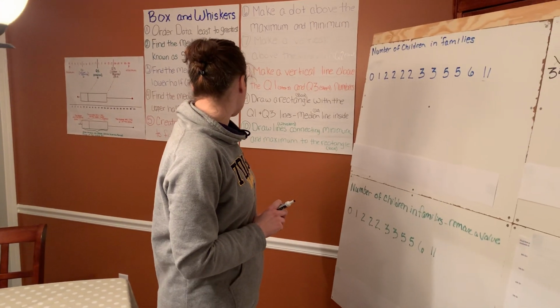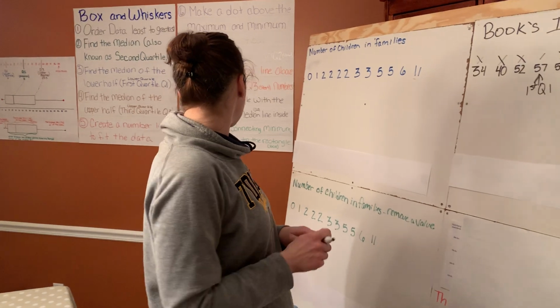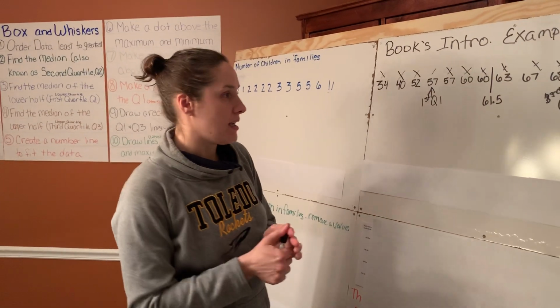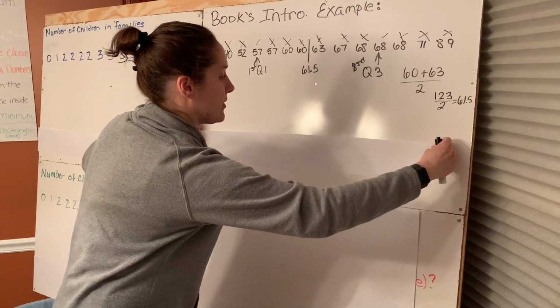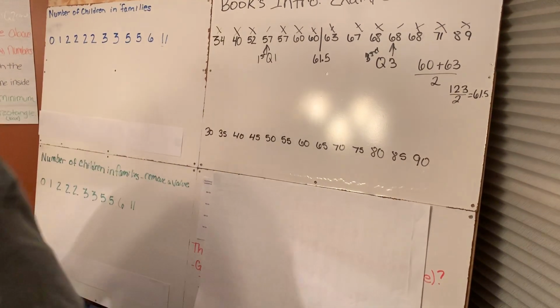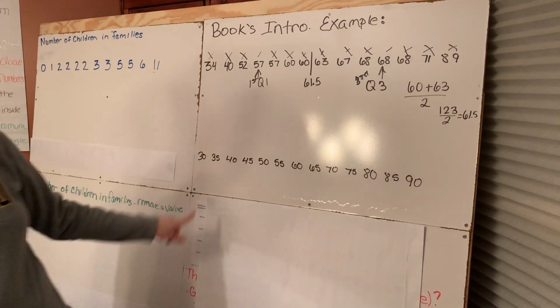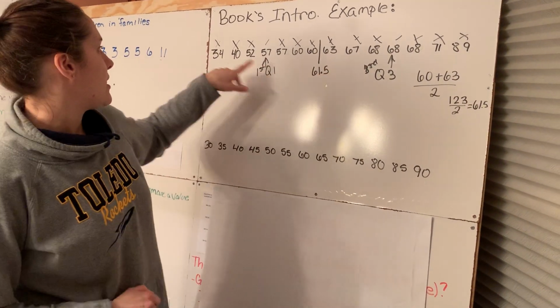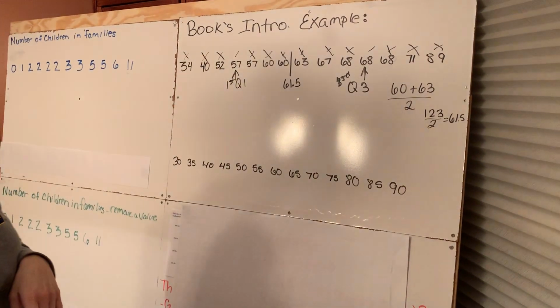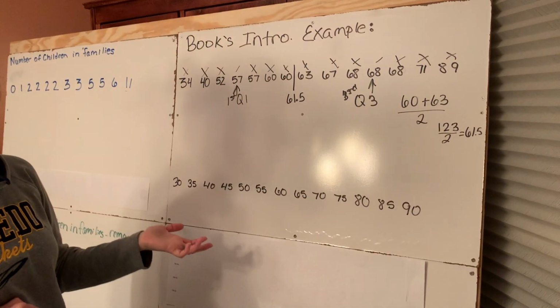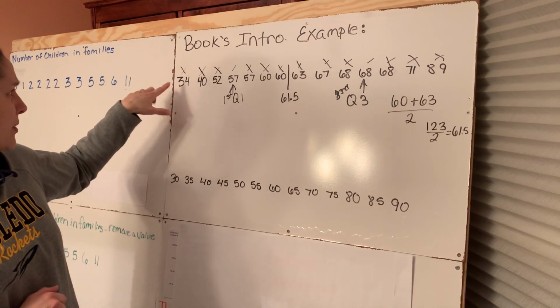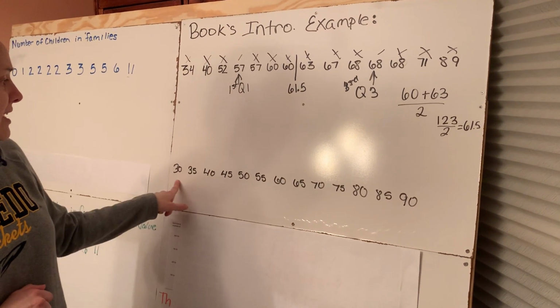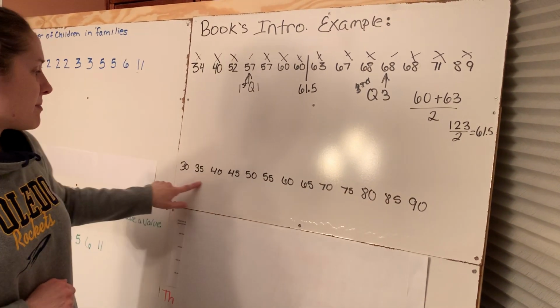Moving on to my next step, step 5 says create a number line that fits the data. And I've already done that to save a little bit of time, so make sure that you're pausing right now if you need to. But when I looked at this data, it went from 34 all the way up to 89, and that would be a pretty big number line. So I chose to go from 34 to 89. I made a number line counting by 5.